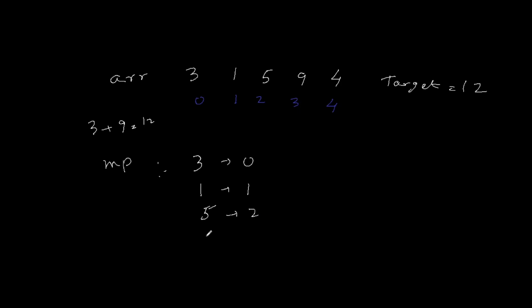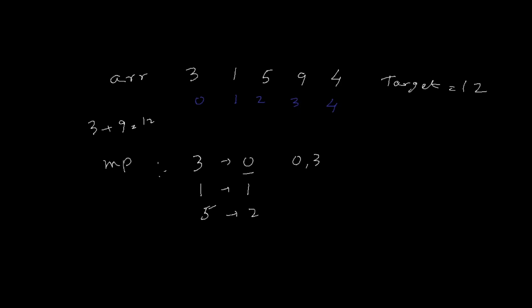Now we take the element 9. To get target 12, we need to add 3 to 9. So we check the hash map and we see that 3 is present in it and the corresponding index is 0. So we return 0 and the index of the current element, which is 3.